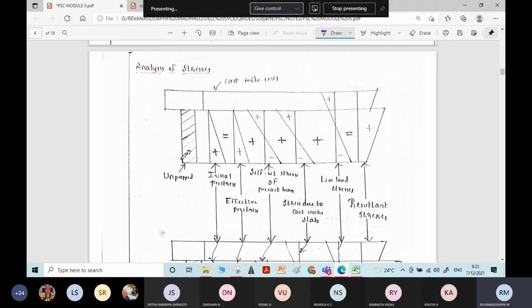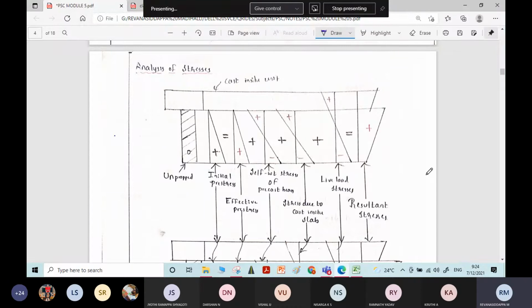When you take a composite member, it is a combination of the beam and the slab.